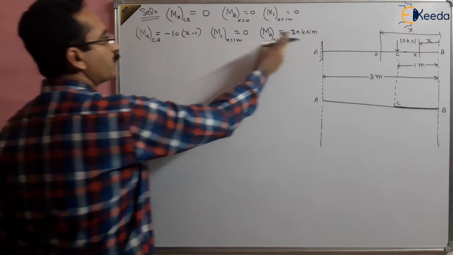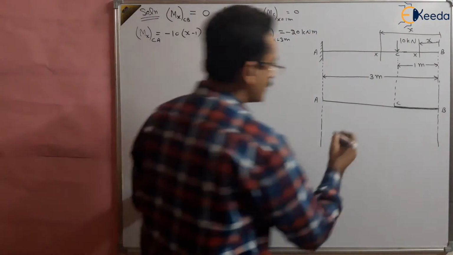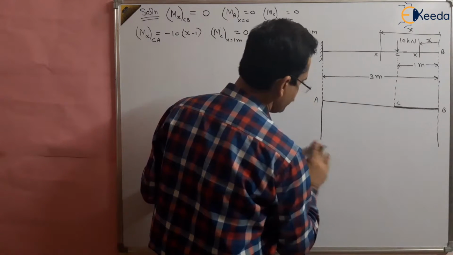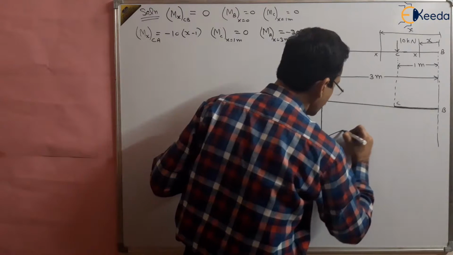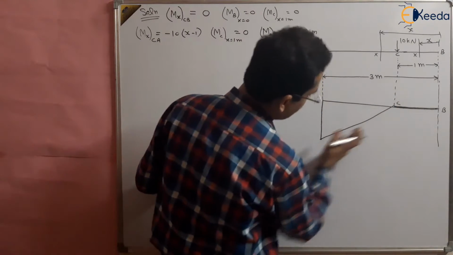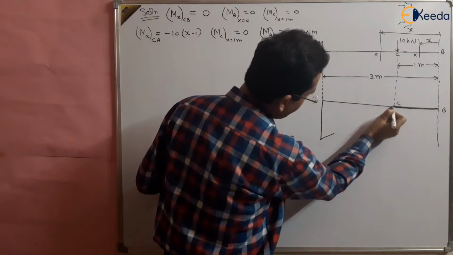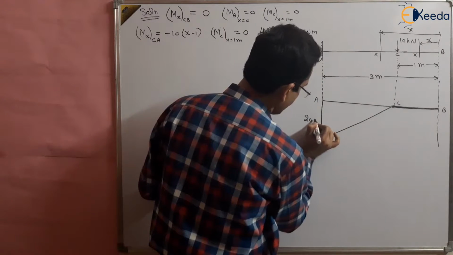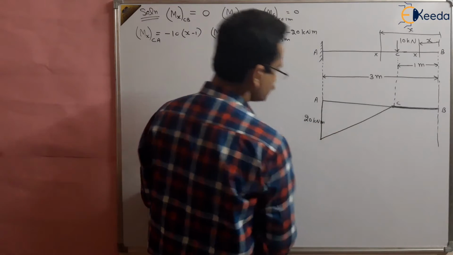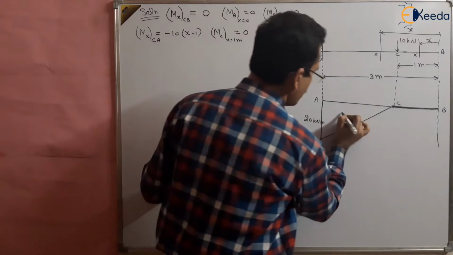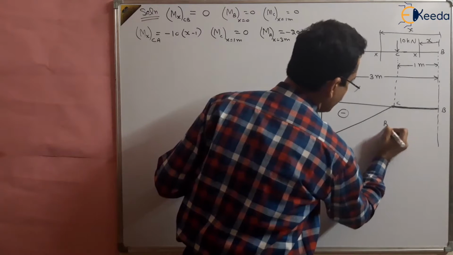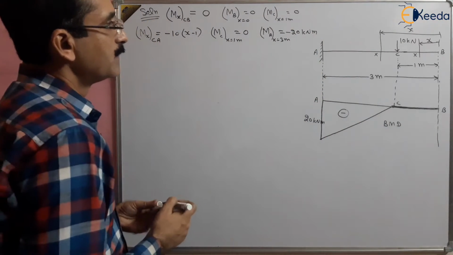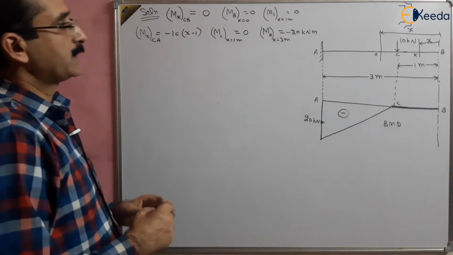So from 0 to 20 with a linear variation. Suppose this is 20. From 0 to 20 between A to C, so this is a linear variation, a straight line, and this is 20 kilonewton meter. So this is the bending moment diagram for this beam.